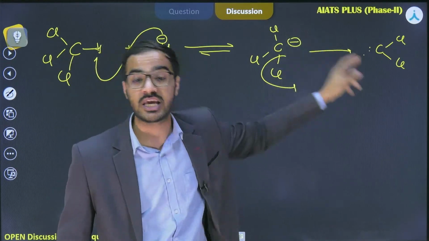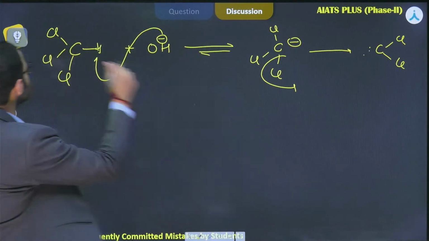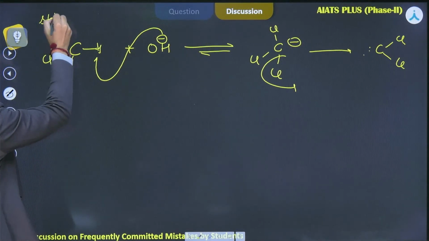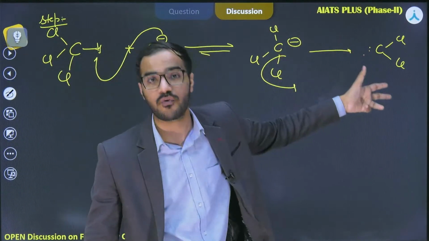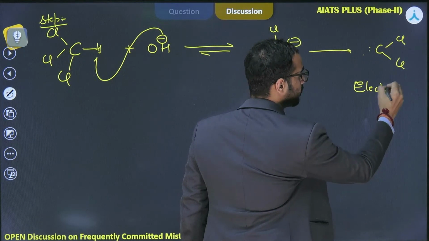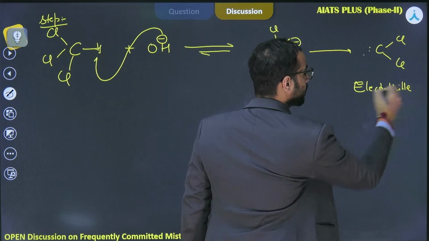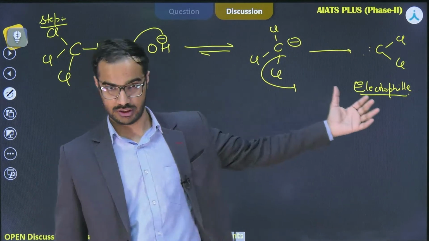This is step 1. We have generated an electrophile during the reaction. This is the role of the reagents in these reactions.